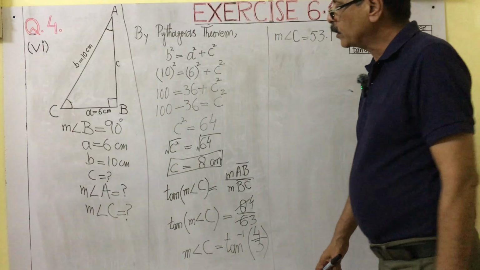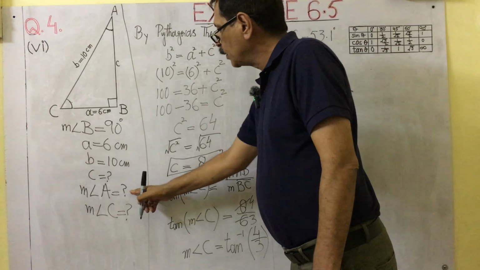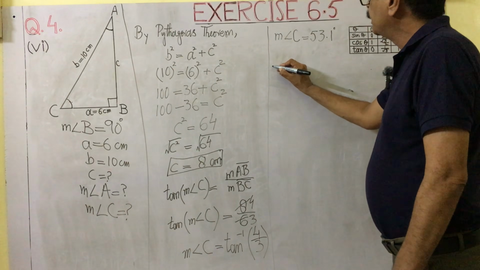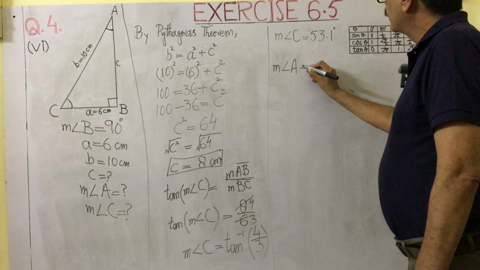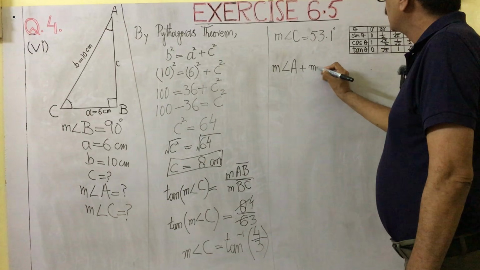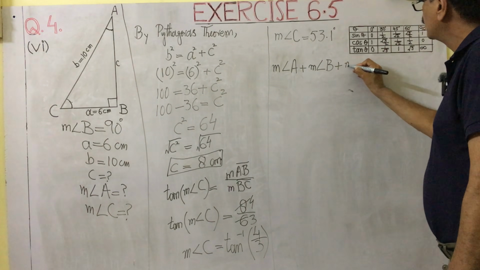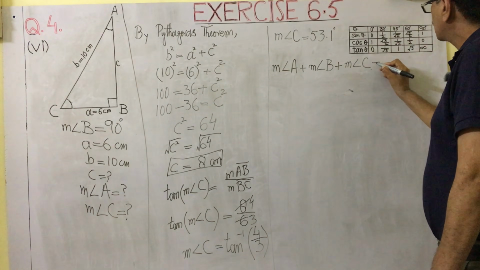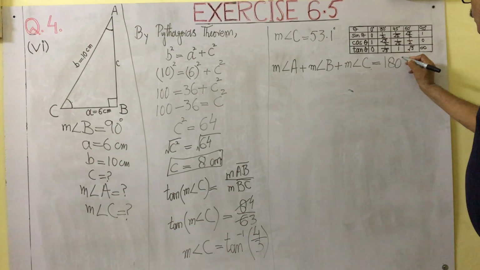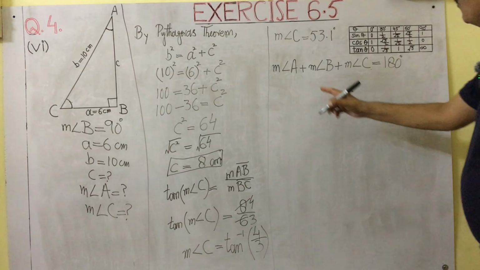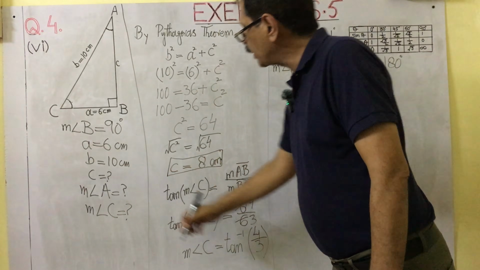We have calculated angle C. To find out angle A, you can say angle A plus angle B plus angle C, that is the sum of three interior angles of a triangle, is equal to 180 degrees.